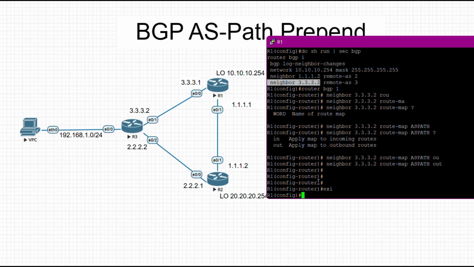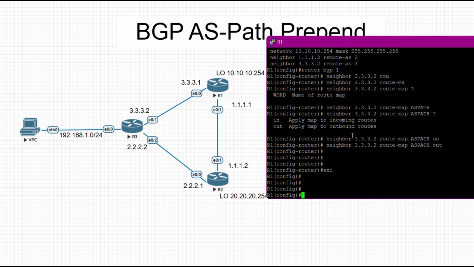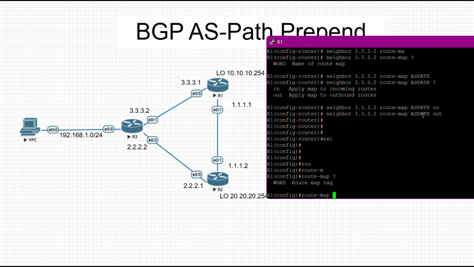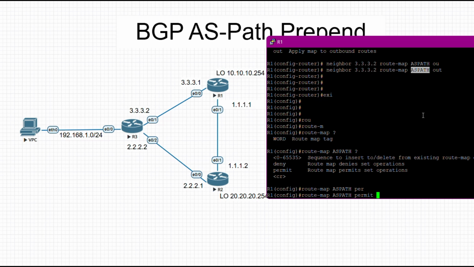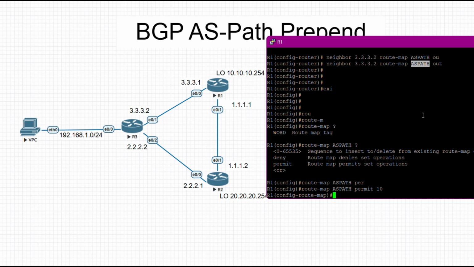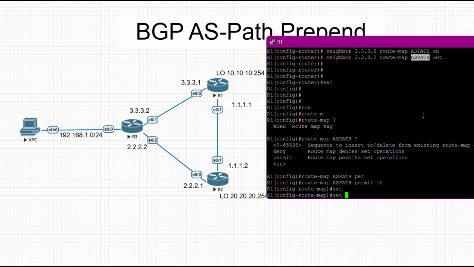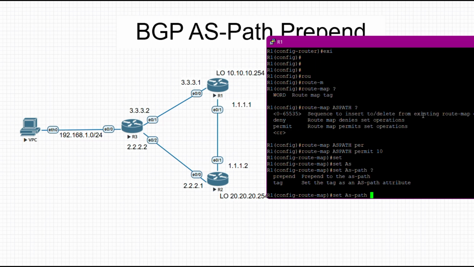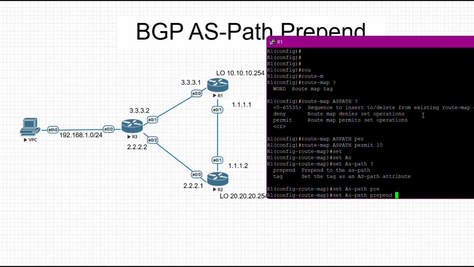Let's type in a route-map named AS-path, it should be the same, permit 10. So set as-path prepend, and let's type in any number. For my example, we will use 3 3.